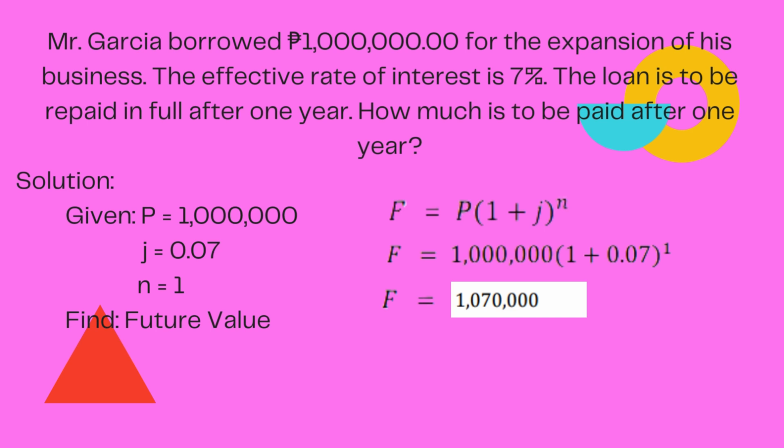So we substitute these values: P, which is 1 million, times 1 plus 0.07, in parentheses, raised to the power of 1. So our future value then is 1,070,000. So 70,000 here is probably the 7% of 1 million. Okay?